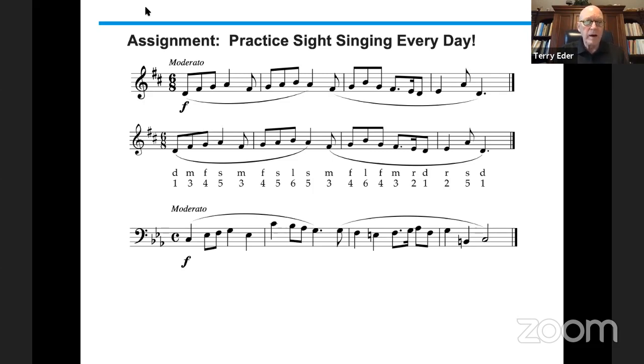Do, mi, fa, sol, la, sol, mi, fa, la, fa, mi, re, do, re, so, do. Okay, and then scale degrees. 1, 3, 4, 5, 3, 4, 5, 6, 5, 3, 4, 6, 4, 3, 2, 1, 2, 5, 1.